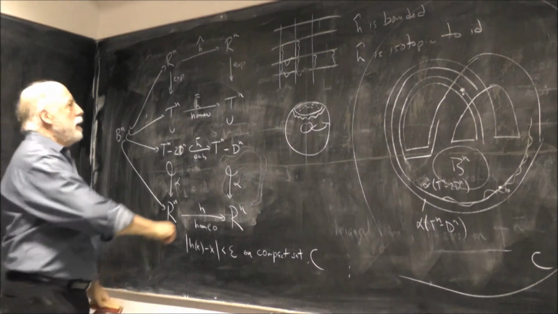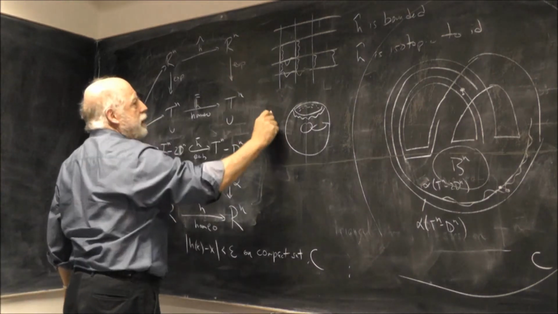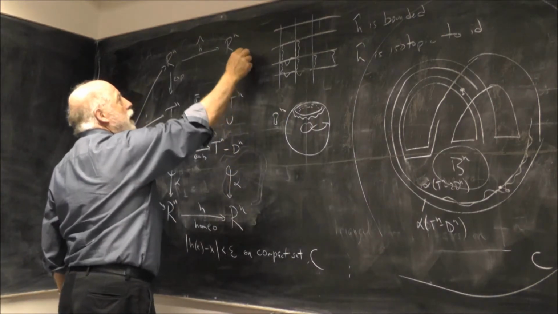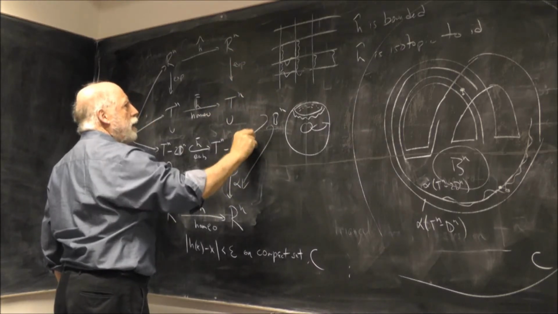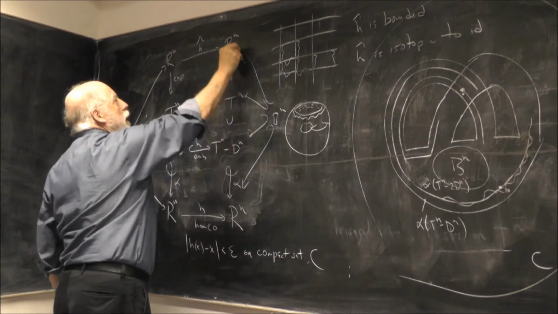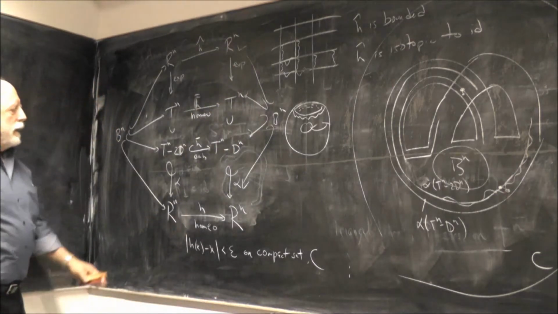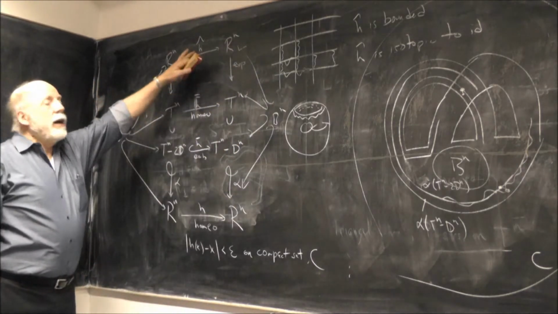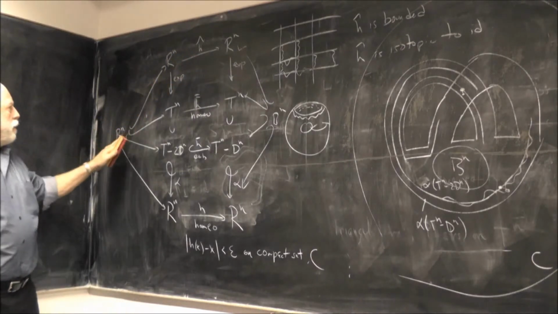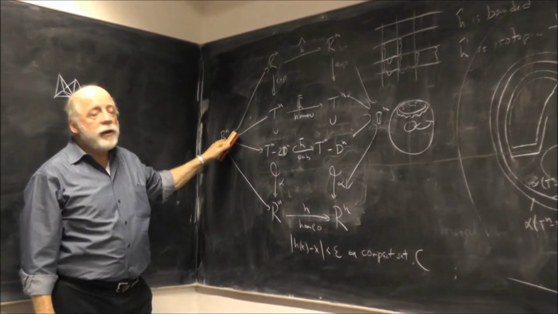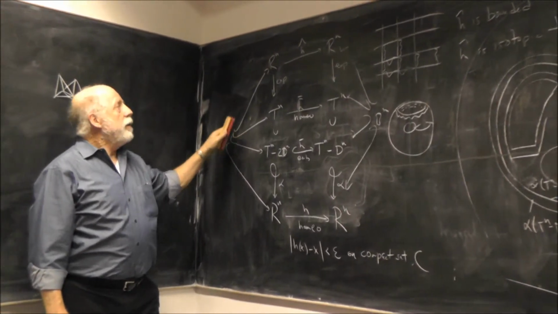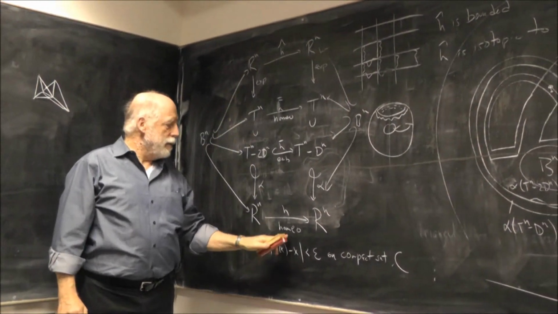And it's that same ball that sits over here, etc. And so really, these H and H hat agree on some ball or a ball half that size. They agree somewhere. And if they agree somewhere, then if this one's isotopic to the identity, so is this one.